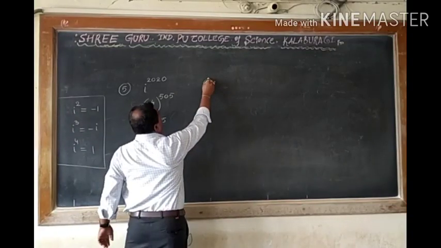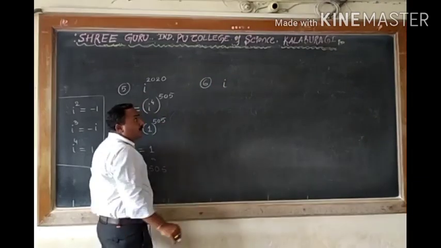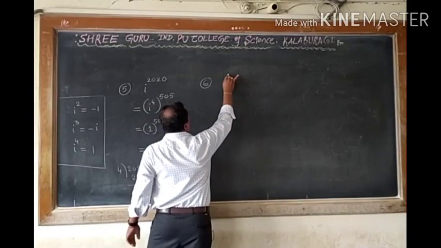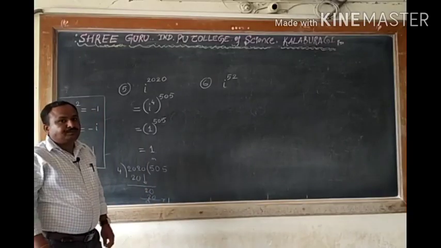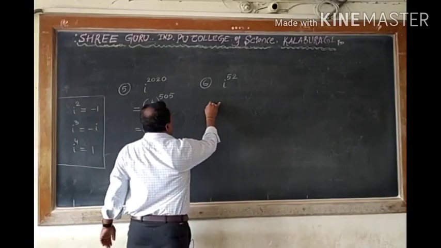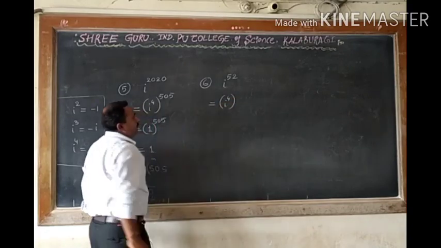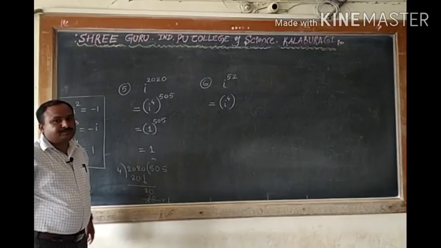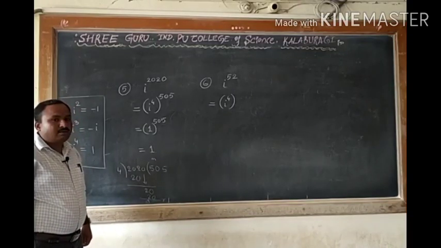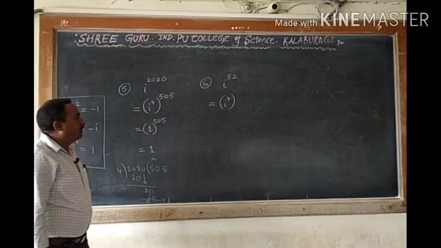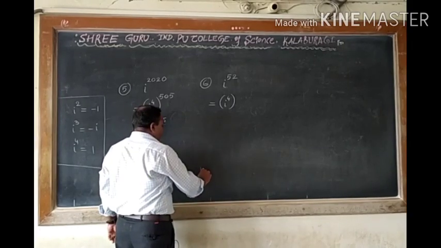Sixth one, next: find the value of i power 52. I power 52 can be expressed as i power 4. 4 tens are 40, 4 twelves are 48, 4 thirteens are 52.